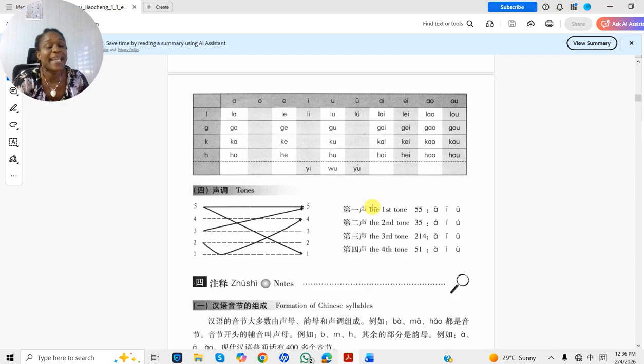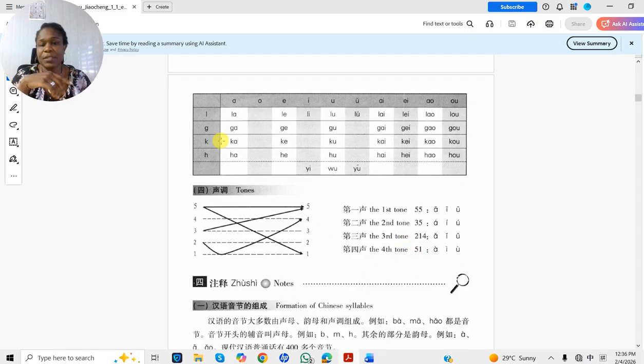As long as the Chinese speaks Mandarin and understands Putonghua, I can speak with them. So understanding the tone, the finals, and the initials matters a lot. That's why I'm taking this time to explain this to you, so we can understand how it goes.